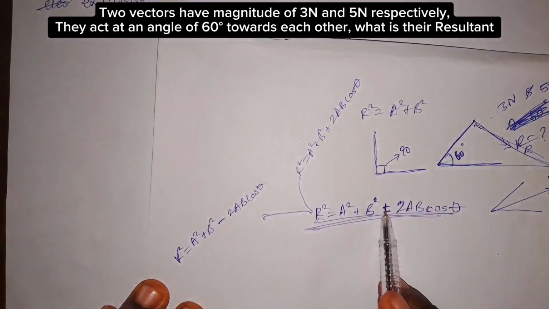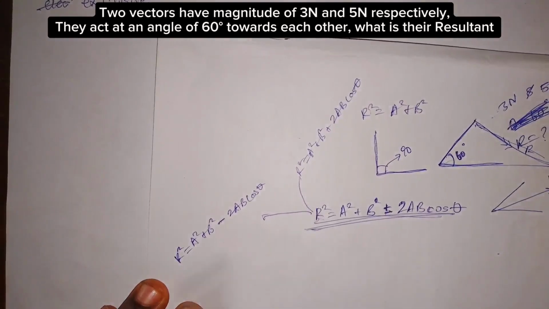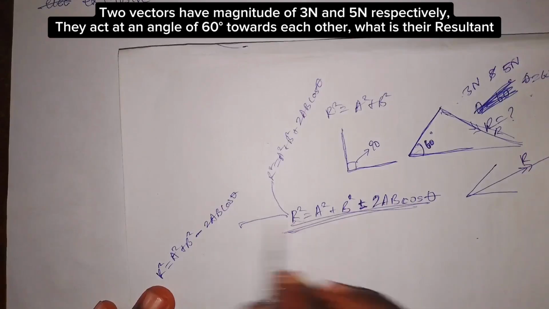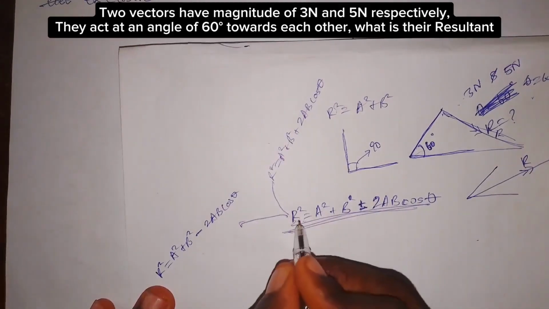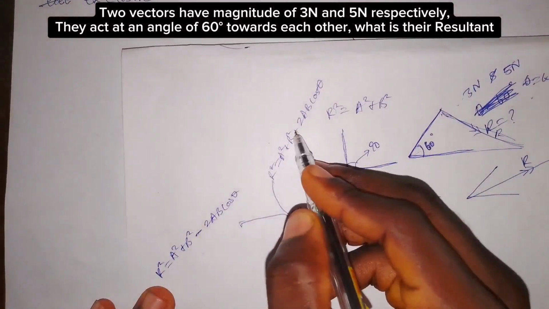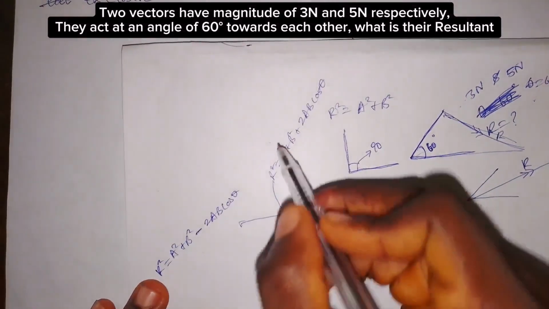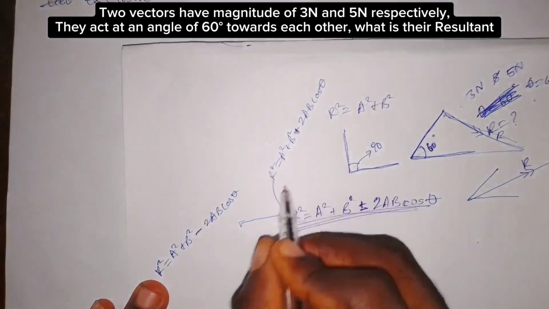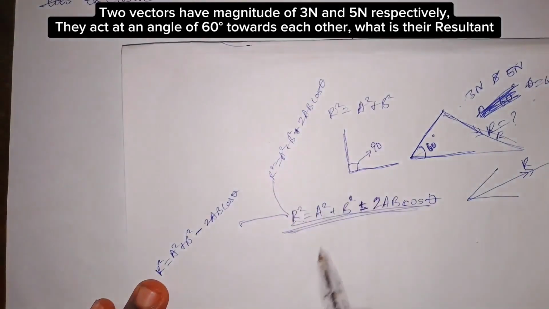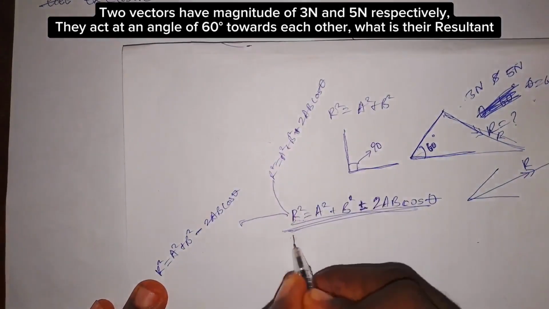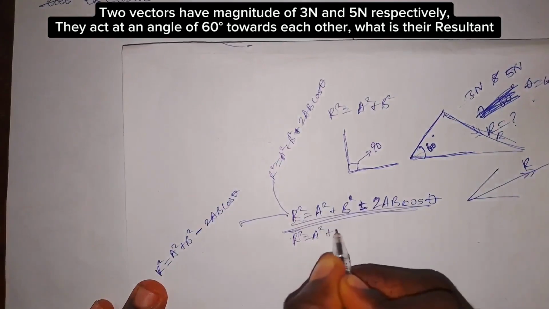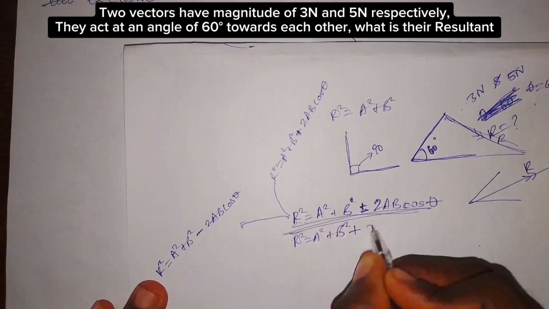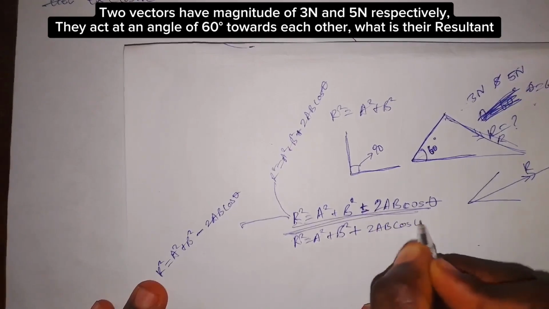Just go to our previous video, you will see how I differentiate everything. In this question, I'm making use of the positive sign. If you go to our previous video, you will find out why we are using the formula with the positive sign. So R squared equals A squared plus B squared plus 2AB cos theta.